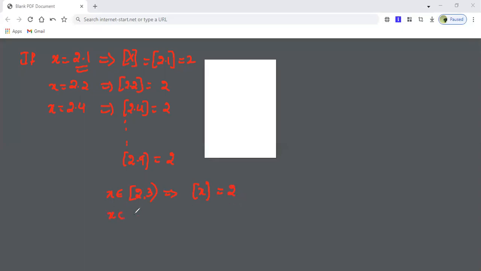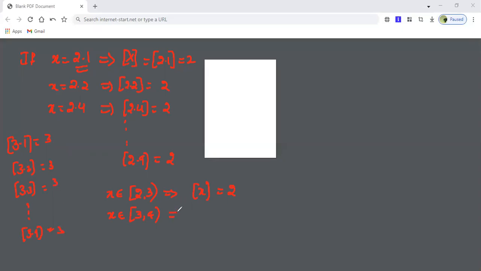Similarly, if x belongs to the semi-open interval 3, 4, where 3 is included and 4 is not, whether you take 3.1, 3.2, 3.3, and so on up to 3.9, all these greatest integers are 3 only. That is the meaning.